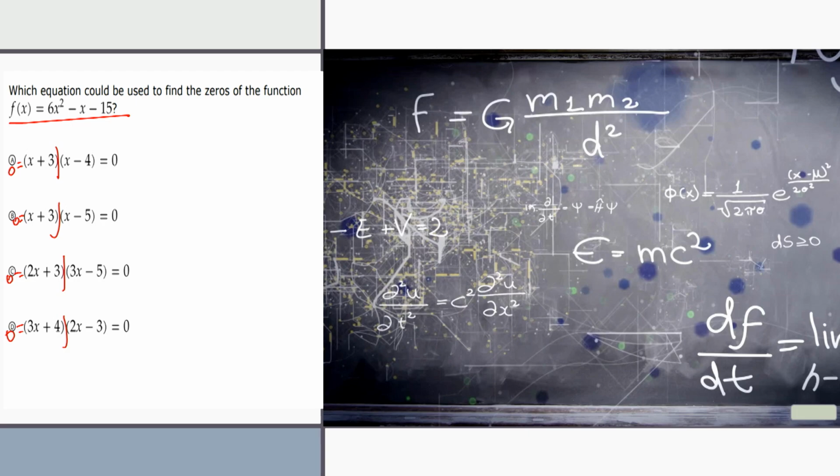When I do that, I have x equals -3 here, x equals +4 here, x equals -3 here, x equals +5 here, x equals -3/2, x equals +5/3, x equals -4/3, and x equals 3/2. So my answer when I'm looking at my graph is going to be C. Good job.